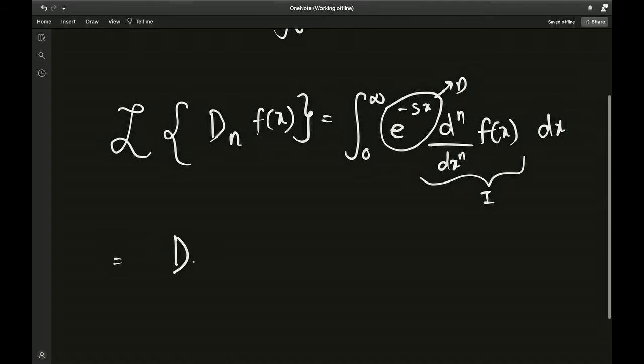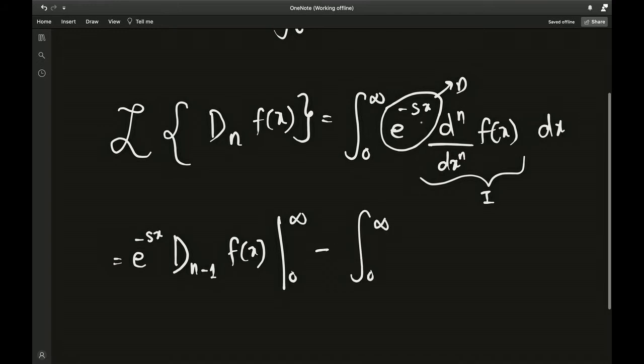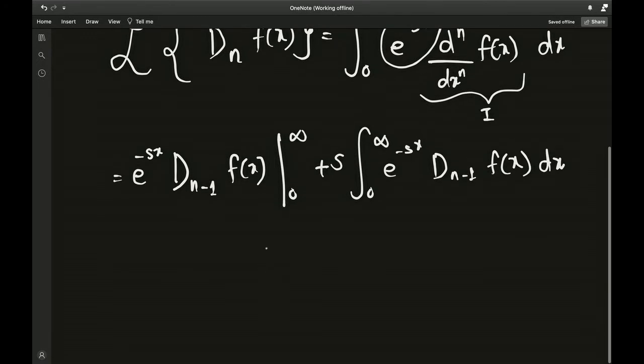So I'll represent it as the n minus 1th derivative of f of x, along with this e to the negative sx term, evaluated from 0 to infinity, minus the integral from 0 to infinity. Now the derivative of this guy is negative s times e to the negative sx, and we have the n minus 1th derivative of f of x dx. Fair enough.